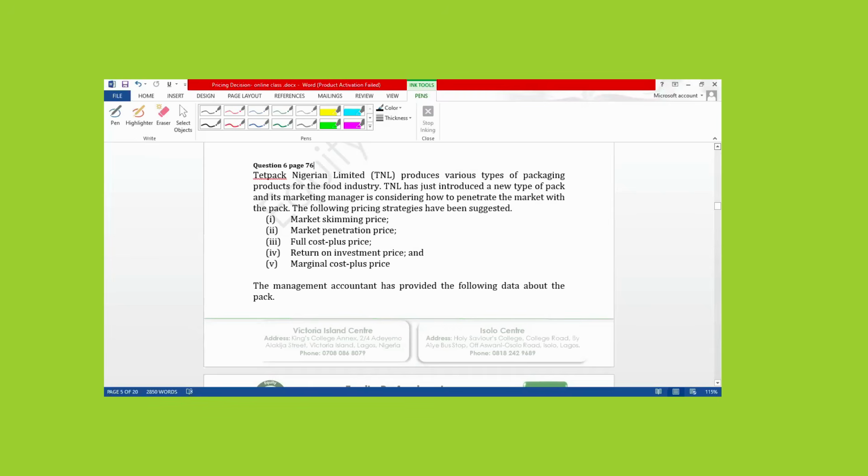So the issue of high demand or low demand does not come into play here. So number 2, who is going to explain market penetration pricing?